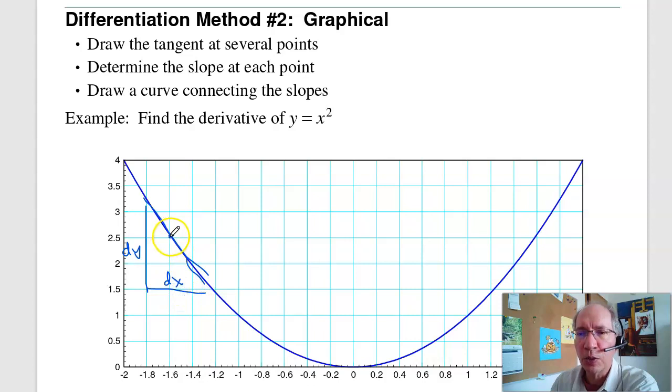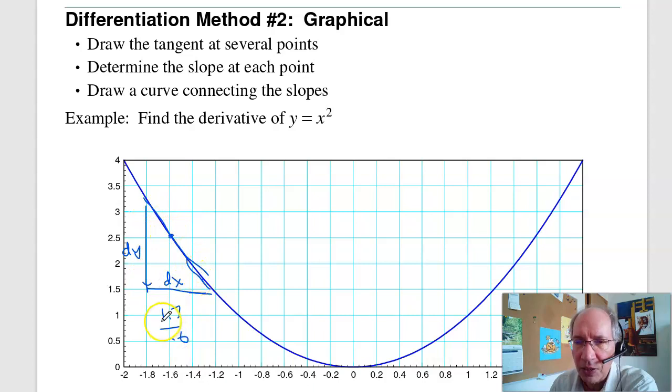That's the slope at this point. And as I move along, the slope changes. So again, if I do it at the first point, it looks like the change in y is about 1.7. Change in x is about 0.6, so it's about 1.7 over 0.6, and it's negative.